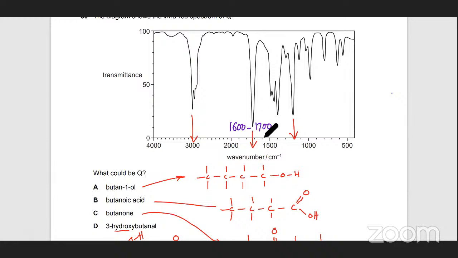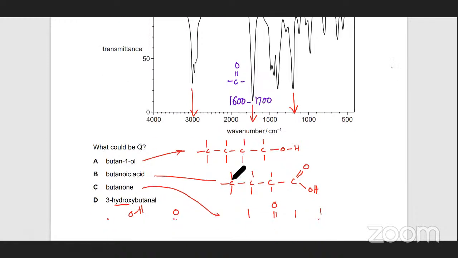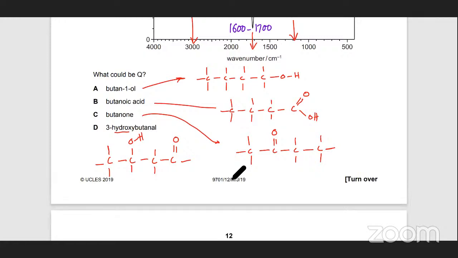Around 1600 to 1700, if you get a very strong absorption, that's a C double bond O vibrating or stretching and absorbing this particular frequency. So that eliminates the first one because it doesn't have a double bond O. The others all have a double bond O.